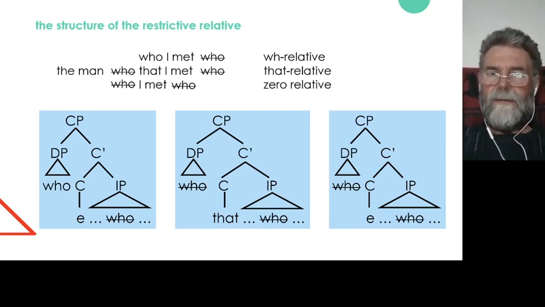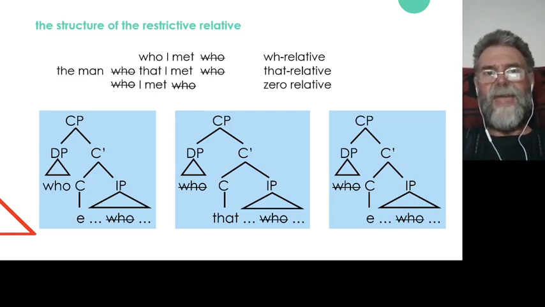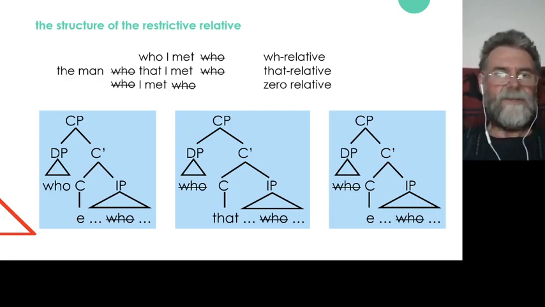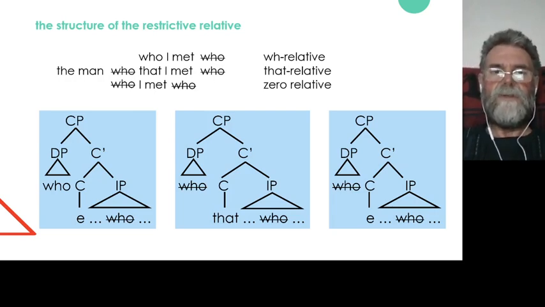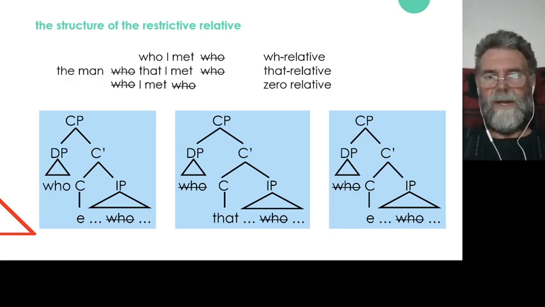The conclusion we come to then is that these relative clauses in terms of their internal structures are very similar to the non-restrictive relative clauses. All of them involve the same process of WH movement. It's just that in these cases, for whatever reason, you can choose not to pronounce the WH phrase.